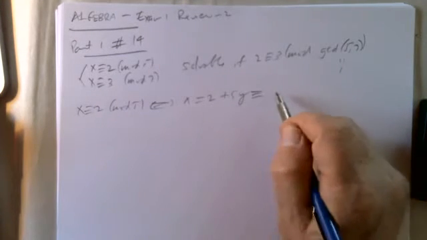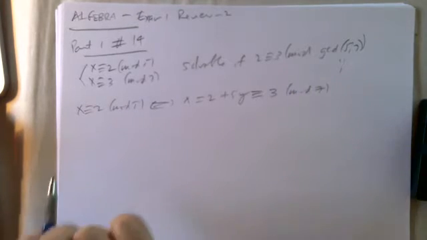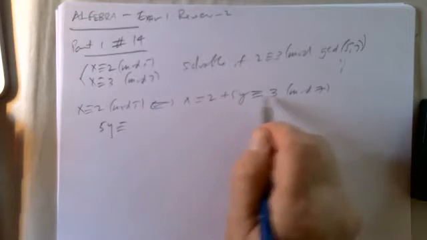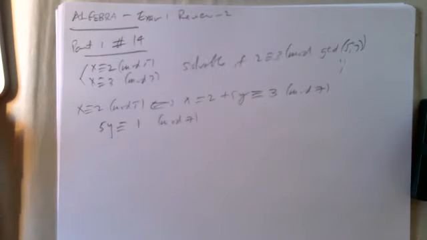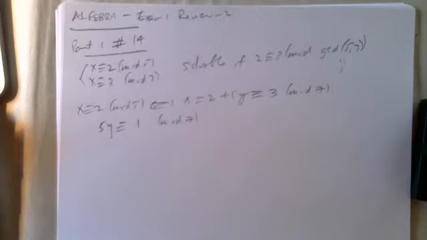So we need to find a y such that this is congruent to 3 mod 7, which is the same as 5y congruent to 3 minus 2, or 1 mod 7. So can you find a solution of this linear congruence?